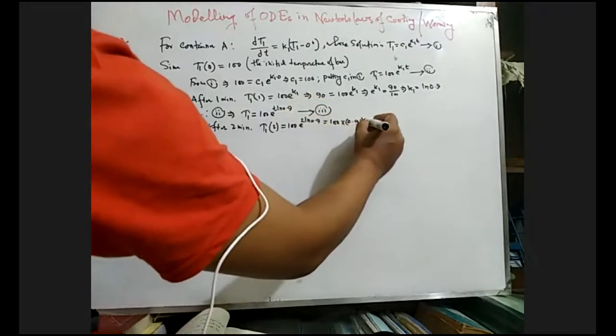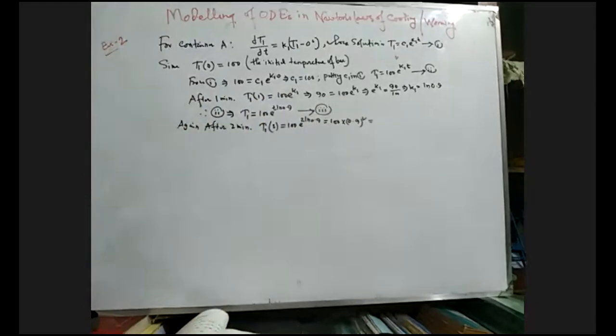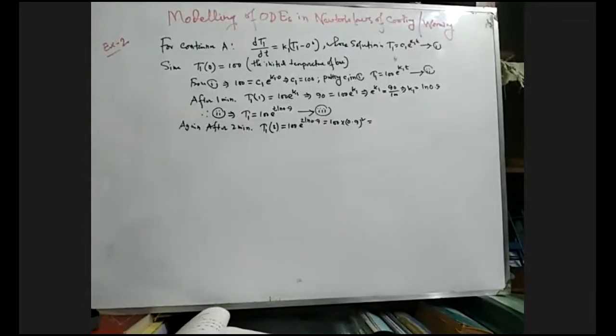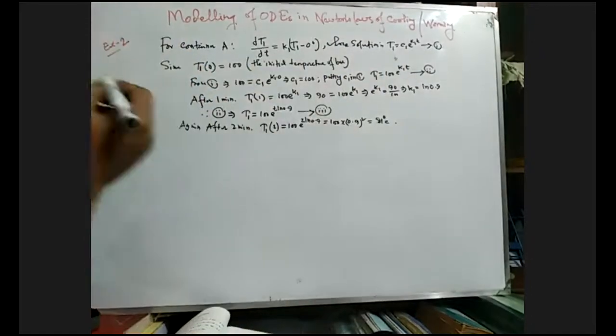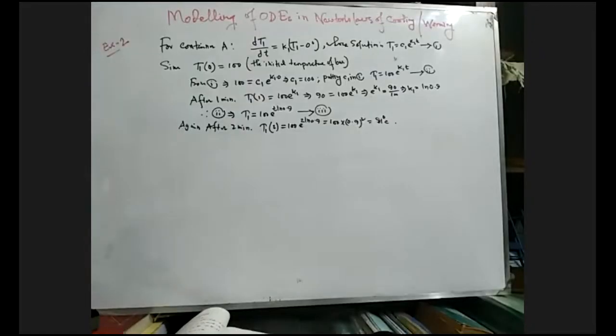This is why approximately we get the value 81 degrees centigrade after 2 minutes.